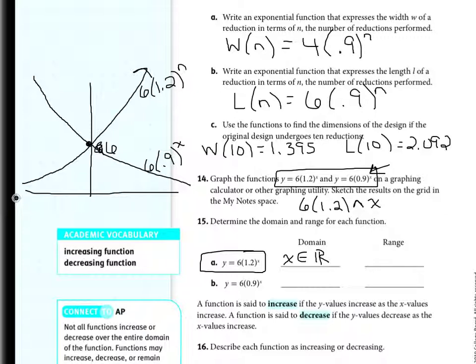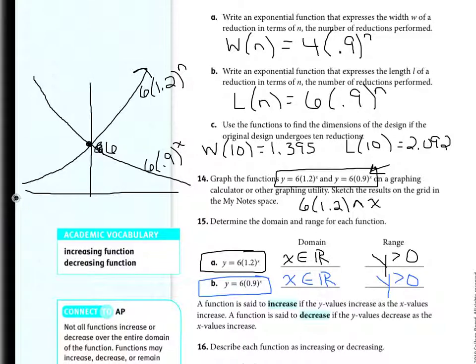Can they ever actually get to 0 if you keep multiplying by something? No, y is always going to be greater than 0. On our decay graph, which is a decreasing function, again, we can plug in any x value we want, but we're only going to get outputs of y's that are greater than 0.